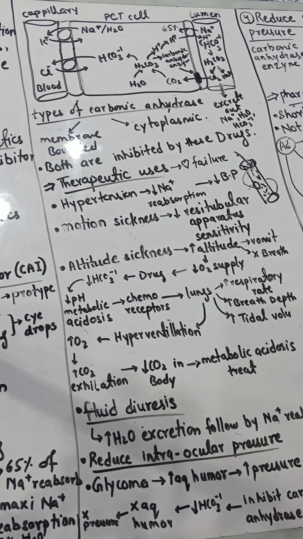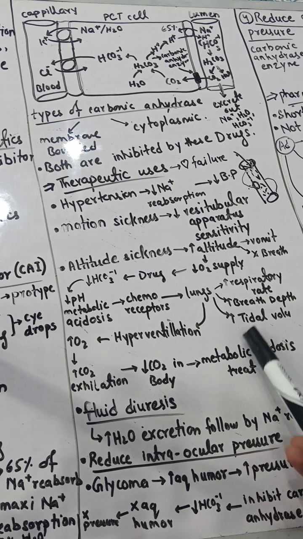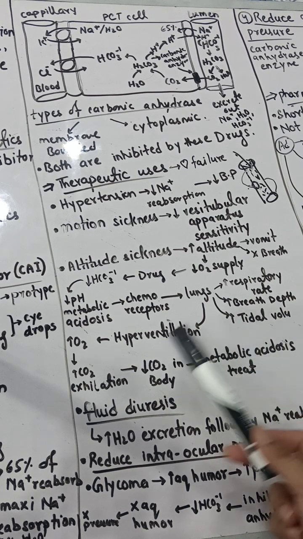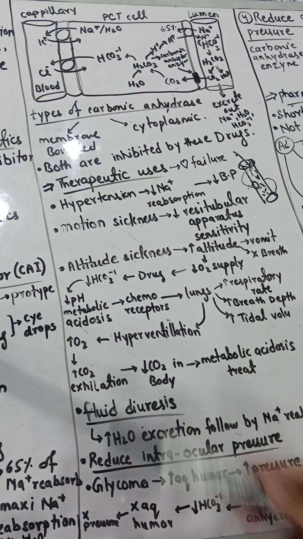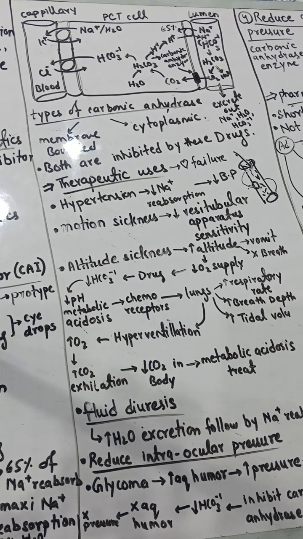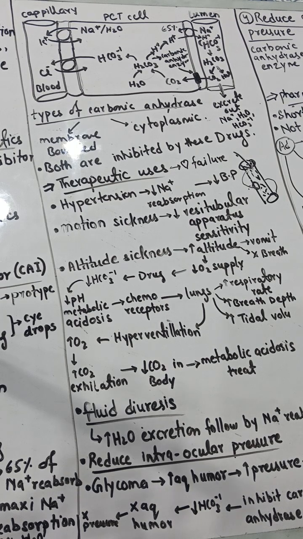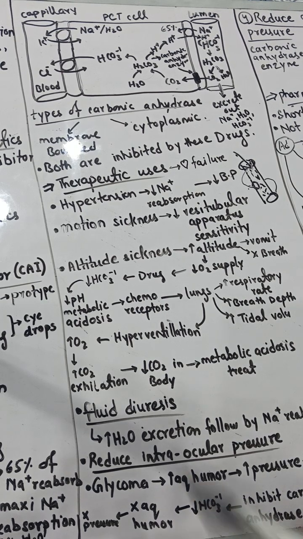As a result, there will be an increase in the oxygen supply and an increase in tidal volume. So hyperventilation occurs because oxygen supply is more and a higher respiratory rate is occurring. As a result, carbon dioxide exhalation is also increased.